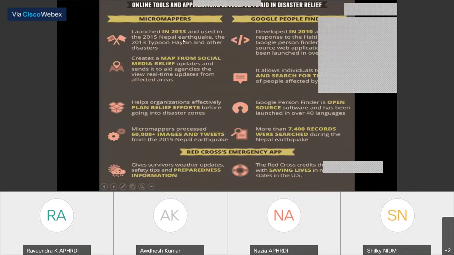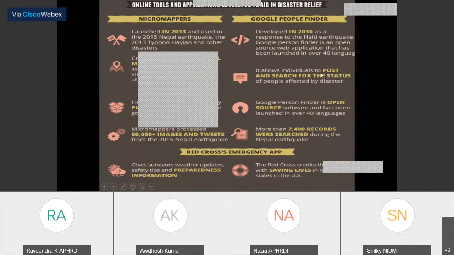Then we have some online tools also, where we have maps from social media relief updates. The Indian Navy also used it in the Kerala flood 2018, and it helped in organizing and planning relief efforts efficiently. So these are the MicroMappers and Google Person Finder.